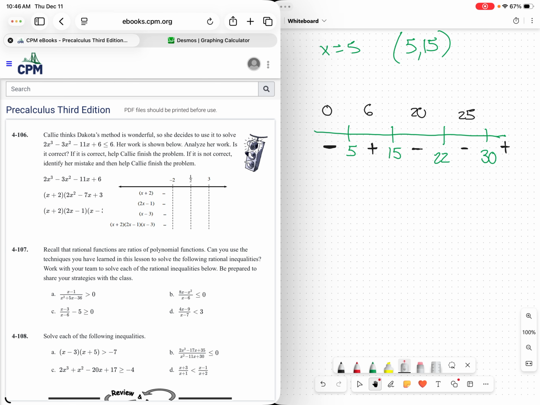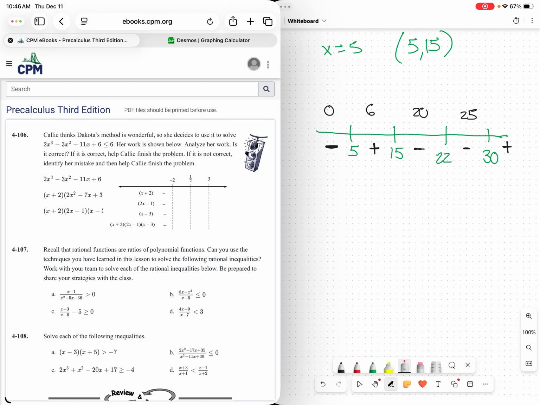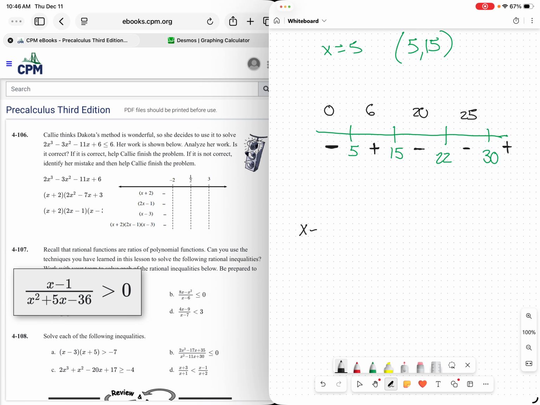And so, where are our critical values, right? Well, number 1, you have to consider the 0, right, which is at 1. So where x minus 1 equals 0, because this one's not equal to, it's greater than.